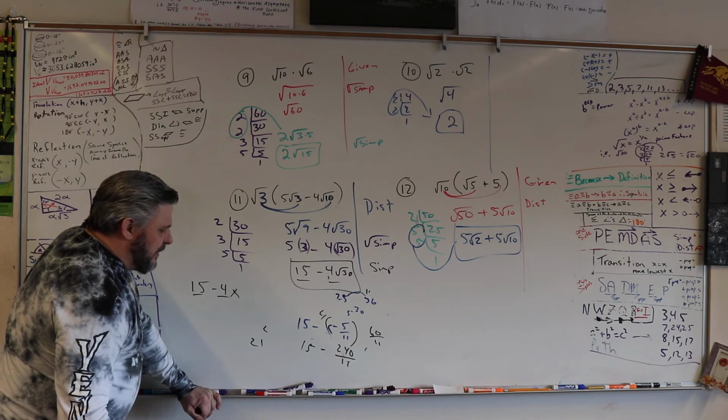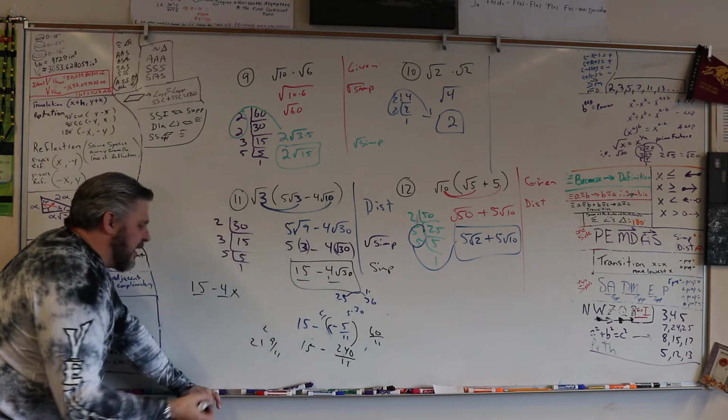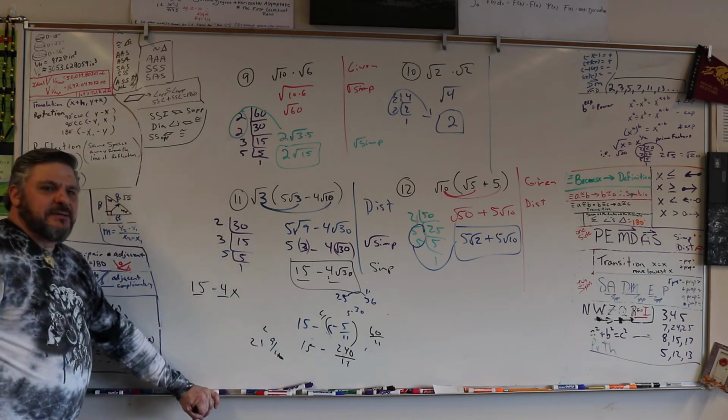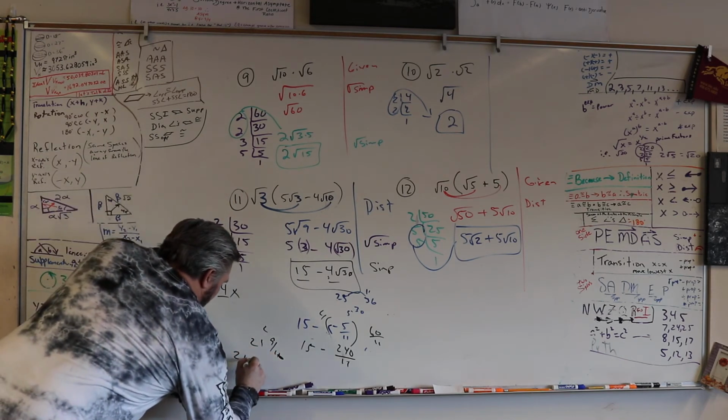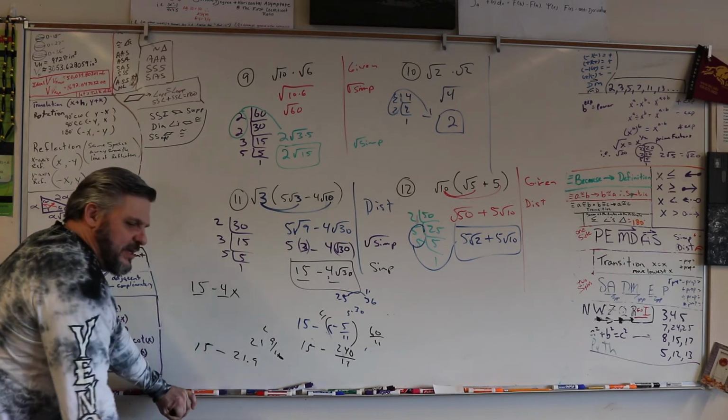That would be 9, so 9 11ths. Again, this would be really close to 9 tenths, right? So really it's about 21.9, and 15 minus 21.9, right?